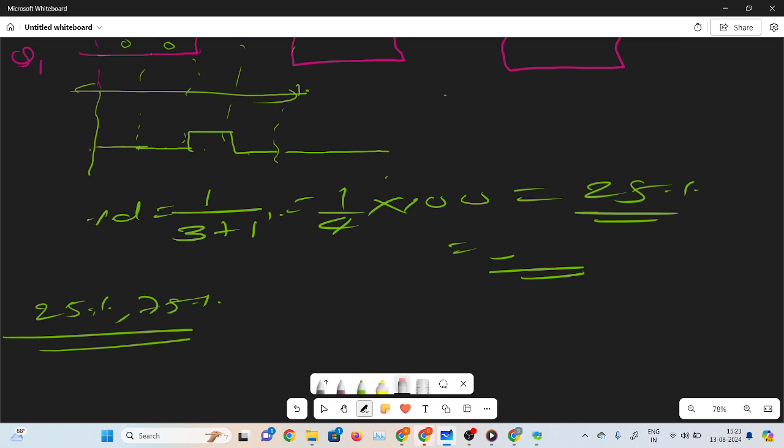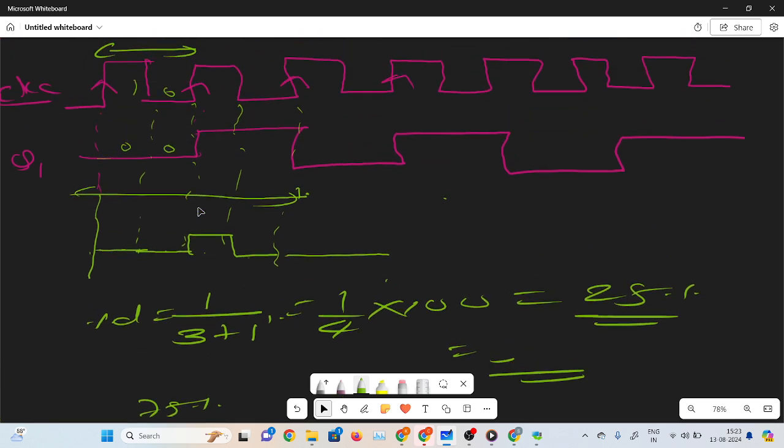Now if you want to make the 75% duty cycle, tell me, just think about it: what gate should I use so that it will convert into the 75% duty cycle? This is very easy.